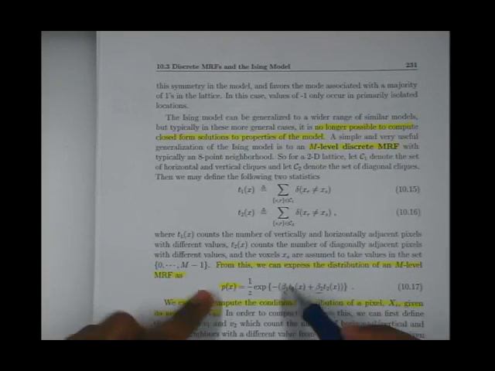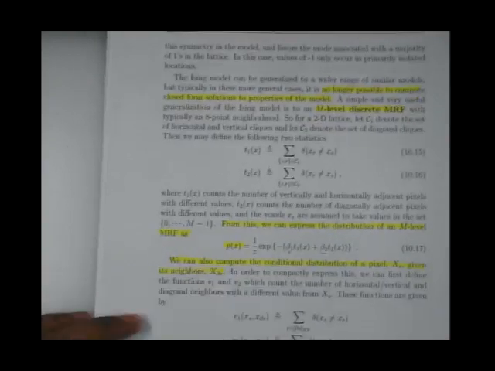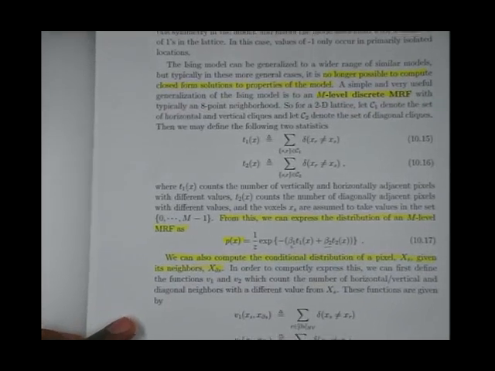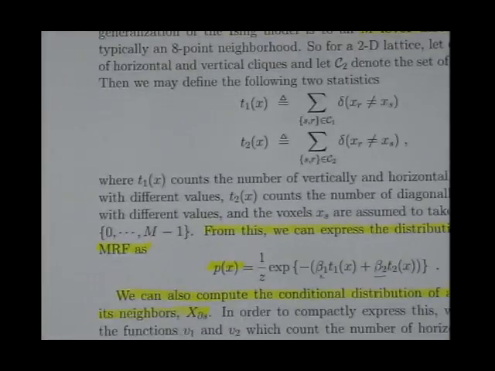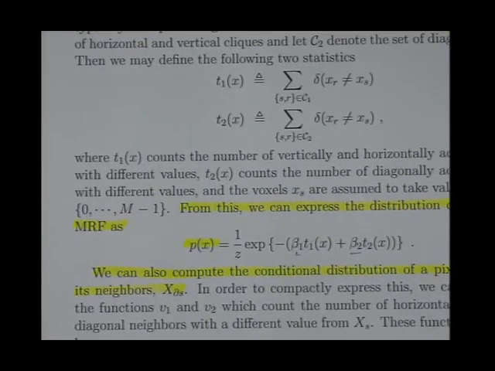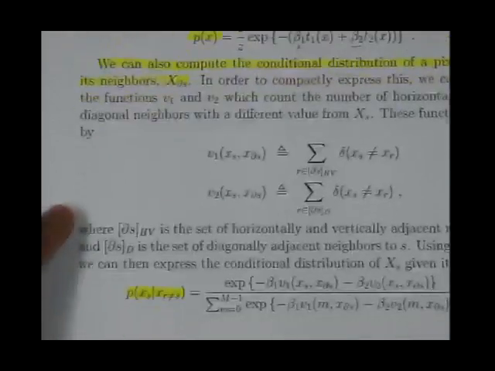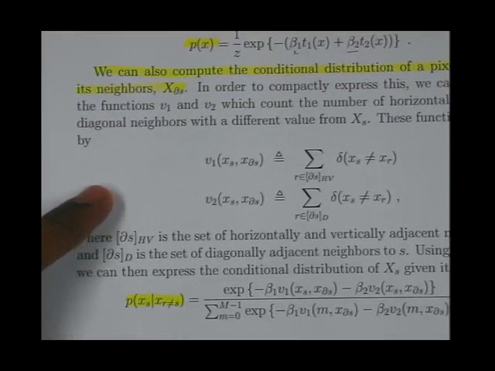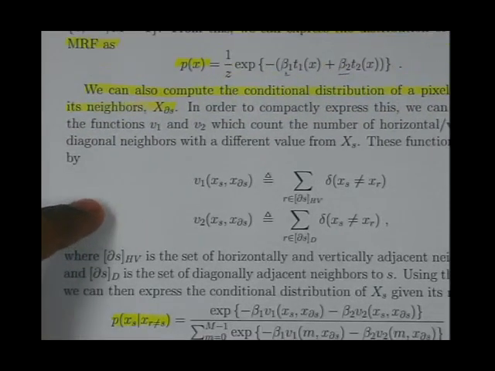So one thing you can do is zoom in. You can write down the mass function, and then you can also write out the conditional density of a pixel given all the other pixels, and it only depends on a neighborhood.